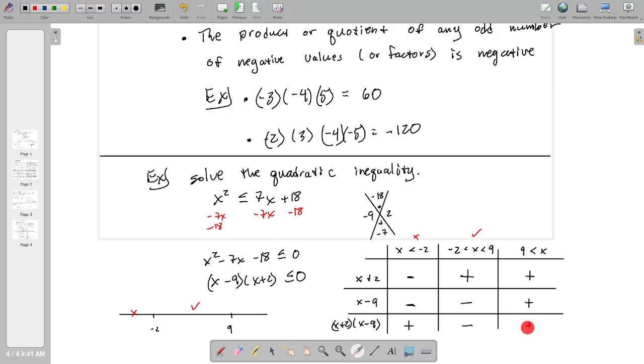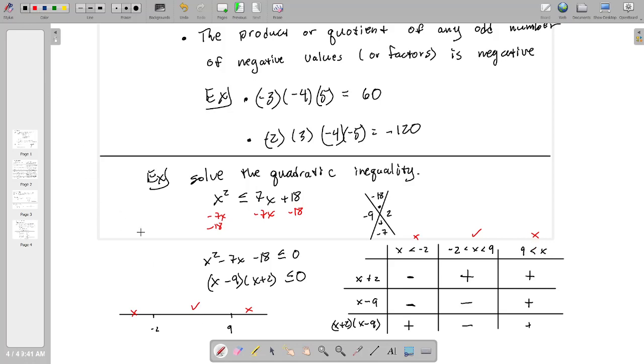Now, if we have a positive number, we can see that our positive number is not going to be less than 0. It's not going to be less than or equal to 0 because we have a positive value. That means that on this region, when x is greater than 9, this inequality is not true. So it does not satisfy the inequality.